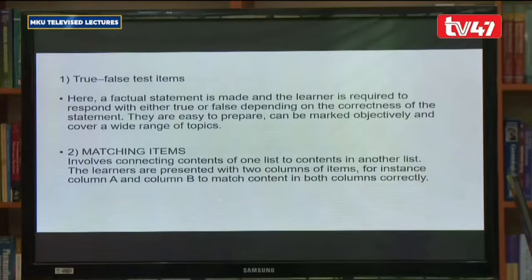It is therefore up to the learner to select the correct answer which matches the kind of item or question that is being asked.